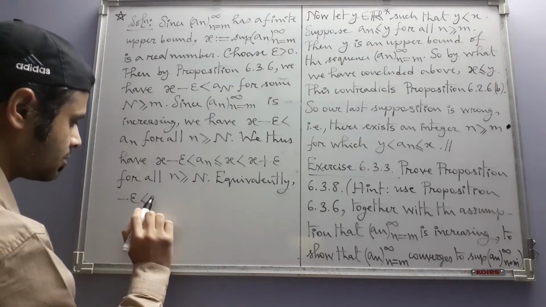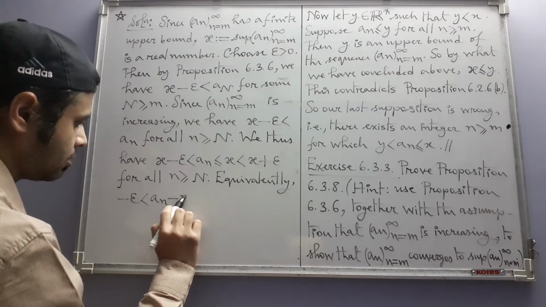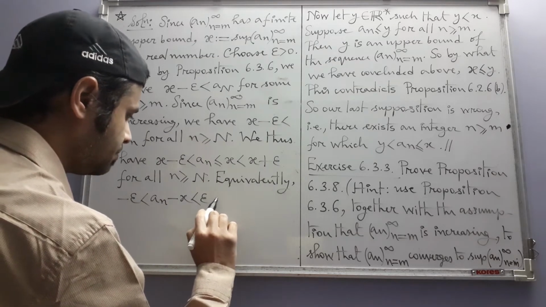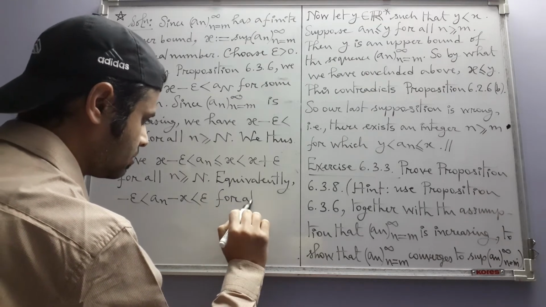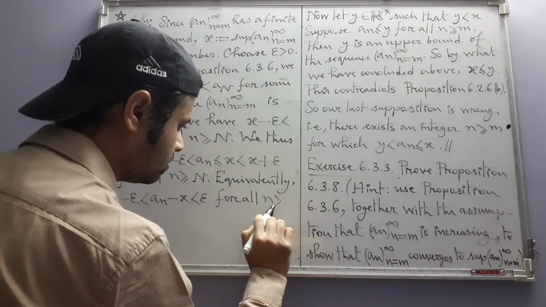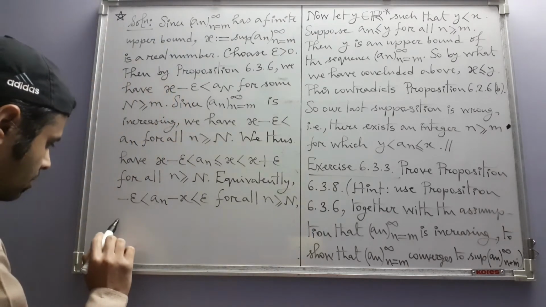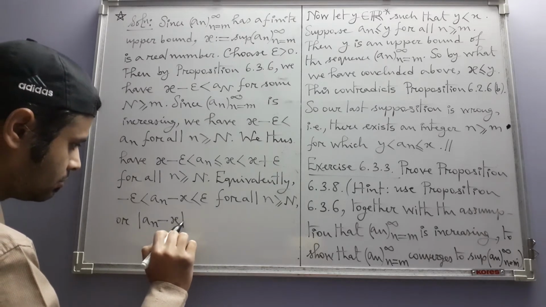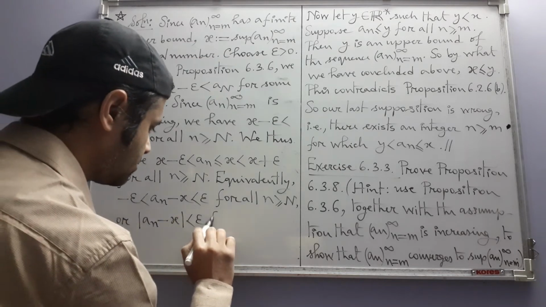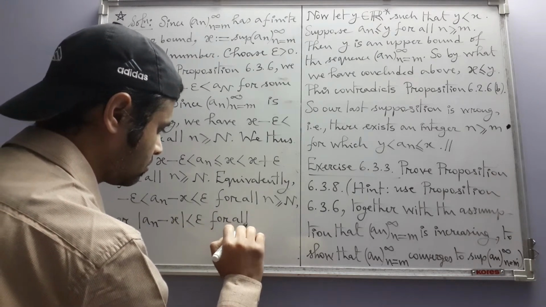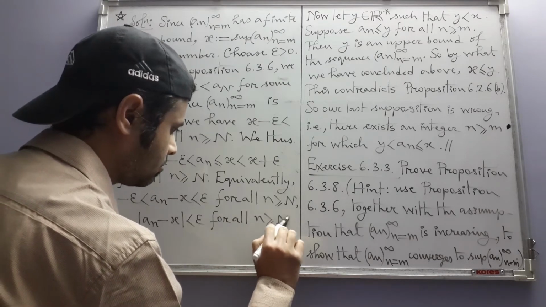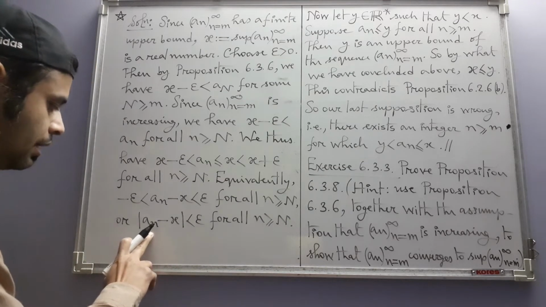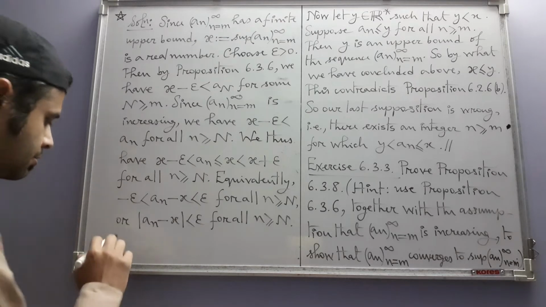Minus epsilon is less than a_n minus x, and a_n minus x is less than epsilon, or the absolute value of a_n minus x is less than epsilon for all n greater than or equal to N. But this is the condition that we need precisely to claim that a_n converges to x.